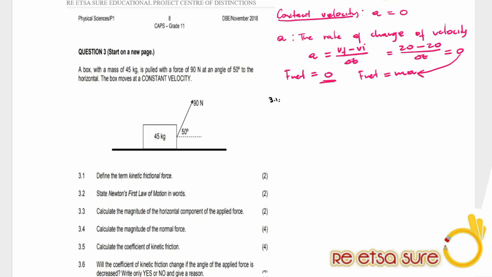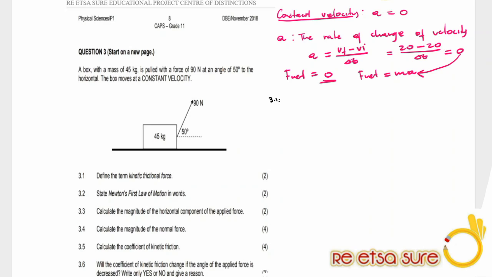So now we are required to define the term kinetic frictional force. Please remember what I said. Don't be creative. Don't come up with your own definition. Go and get the definition from the examination guideline. Don't take the definition from the textbook. Take the one that comes from the examination guideline.